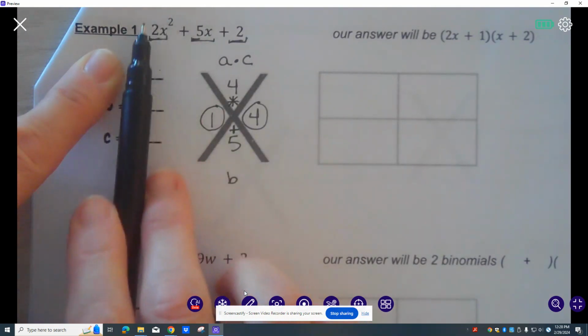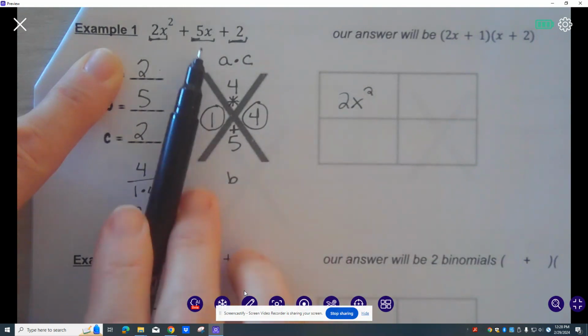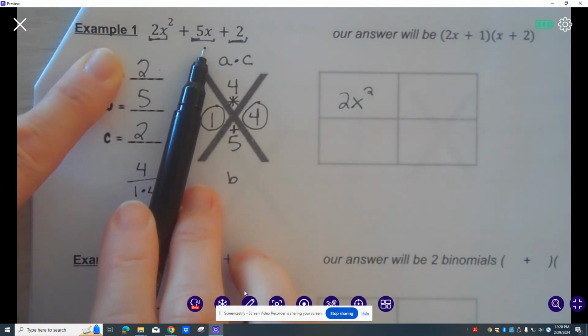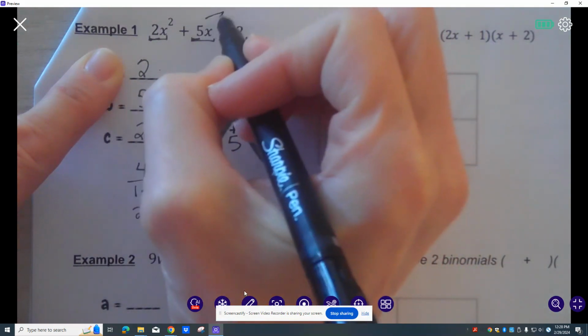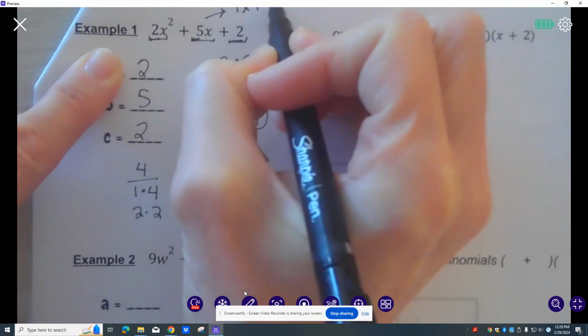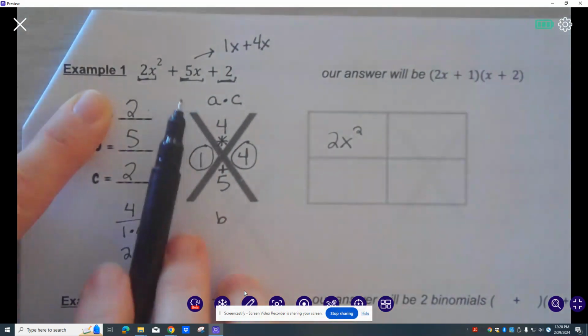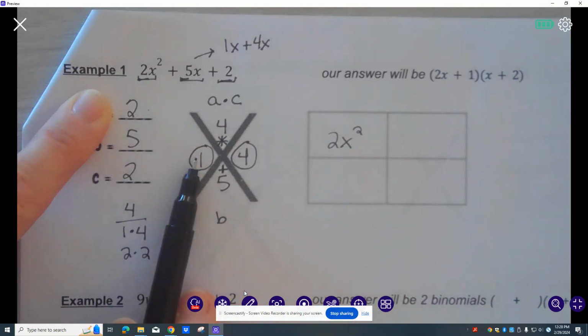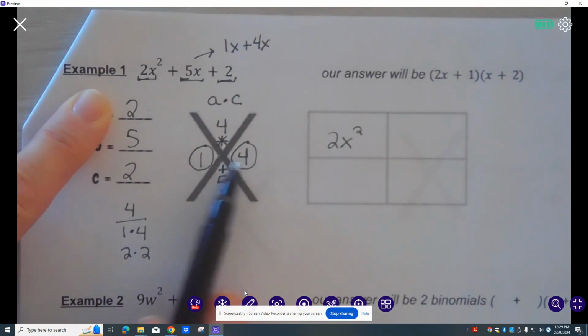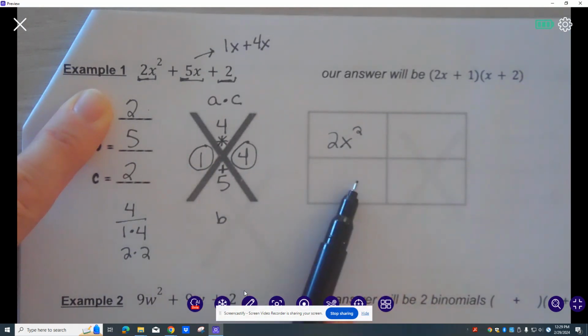So this first term, I'm going to put that in my box, 2x squared. The next term of my problem that I'm factoring is 5x. But instead of writing 5x, I want you to think 1x plus 4x. So I'm splitting the 5x into 1x plus 4x. So when I asked you to circle these, because you're going to use them again, these are going to go in your box right here.